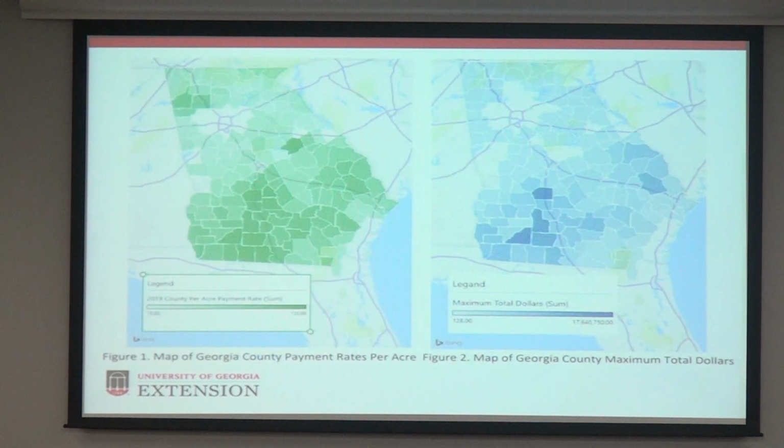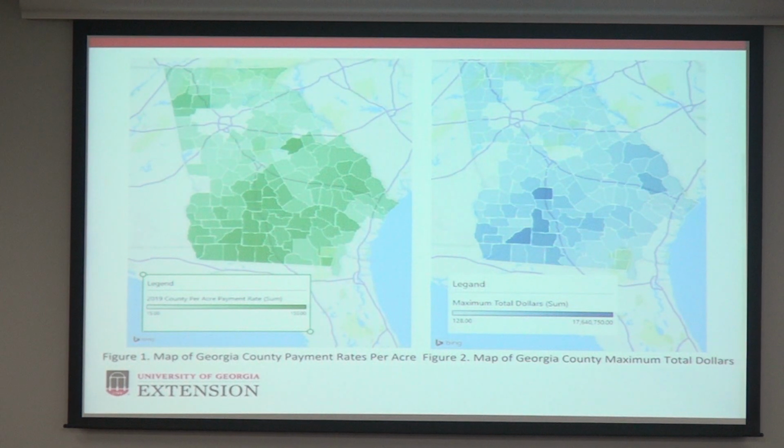But just looking at what the analysis is, we looked a little bit more at this Market Facilitation Program. The green map on the left-hand side is just a density map of what those county per acre payment rates are, based on the USDA's announced payment rates. You can see those cotton and peanut producing areas where the higher payment rates are.